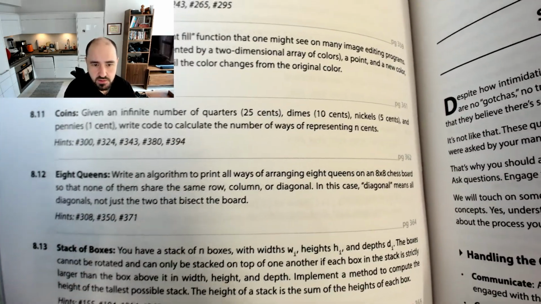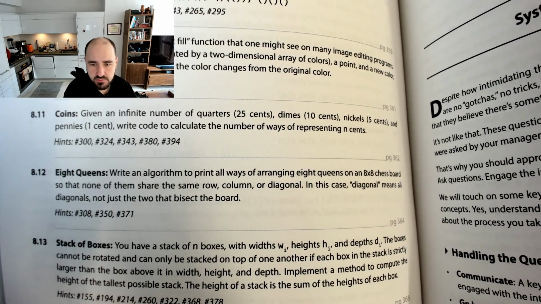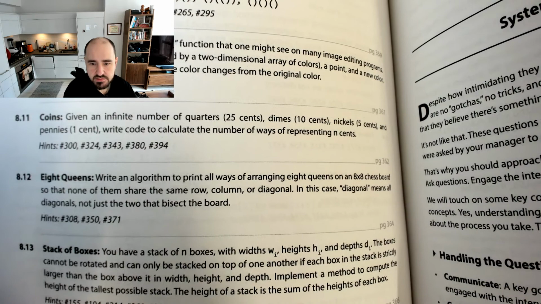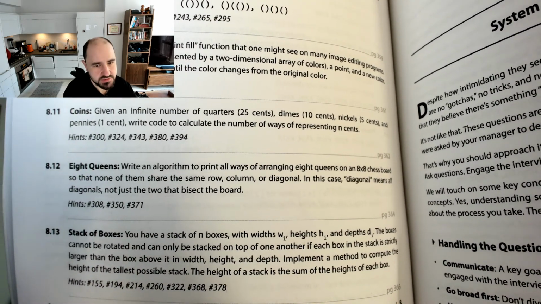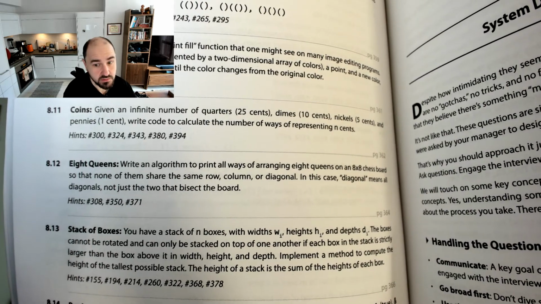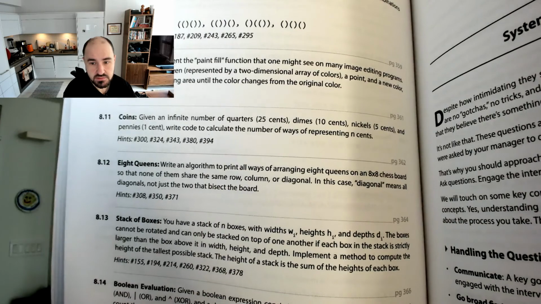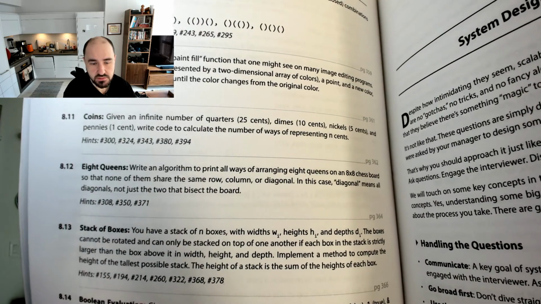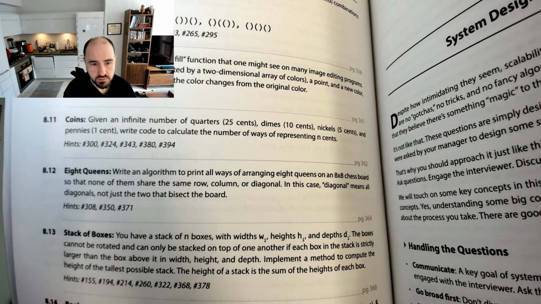It says, write an algorithm to print all ways of arranging 8 queens in an 8x8 chessboard so that none of them share the same row, column, or diagonal. In this case, diagonal means all diagonals, not just the 2 that bisect the board.